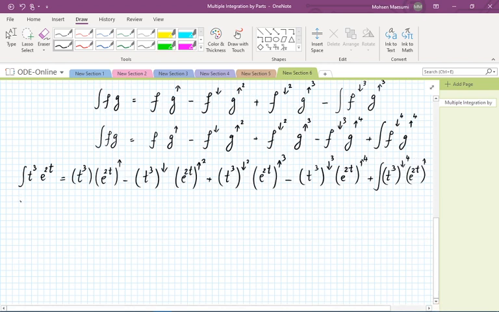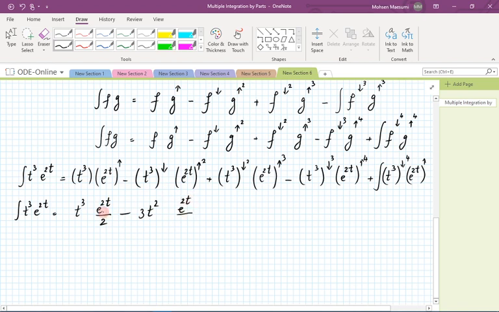So if I'm writing t cubed exponential of 2t, this is t cubed, take it up, exponential of 2t over 2. Take that, differentiate, 3t squared. Take that, integrate one more time. Do not put any constant to avoid clutter.